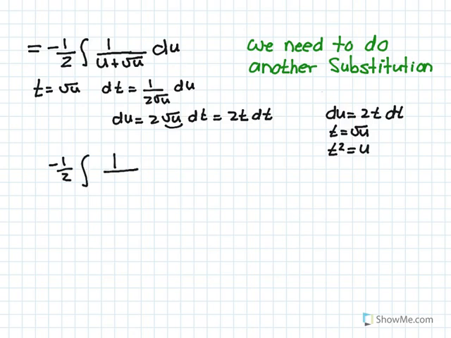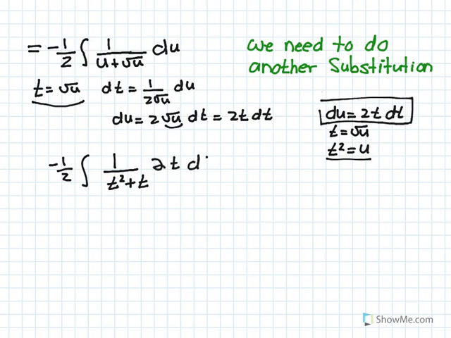All right, so what we have is negative 1/2 integral 1 over u, where u is equal to t squared, so I can just write this as t squared, plus root u, that's the variable of substitution, that's t, and du is going to be equal to 2t dt. The 2's cancel out, and we have negative 1 integral t divided by t squared plus t.